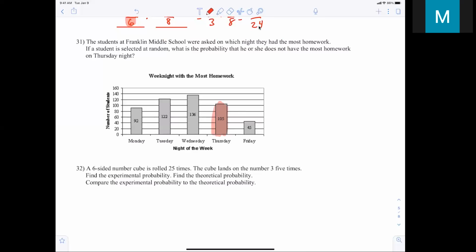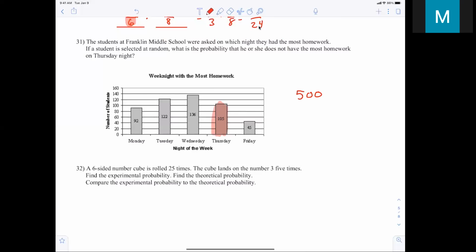I need someone to confirm. I got 500. Did anybody else get 500? Yeah. All right, so that's the total.